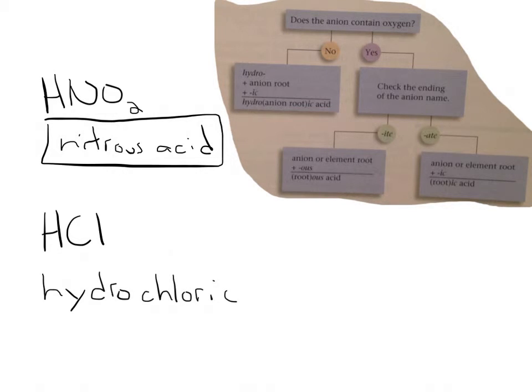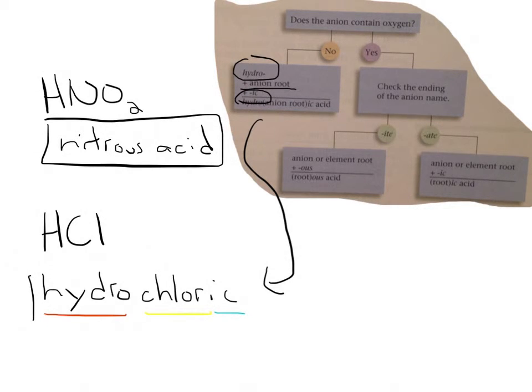So notice, here's our hydro, here's the root, and here's the end. So we got 3 parts to that. So when you're naming acids using the flow chart, that has 3 parts to it. It has the hydro part, and then you have the root of the anion, and then you have the ic ending. So it's 3 parts. And that would be your final name.